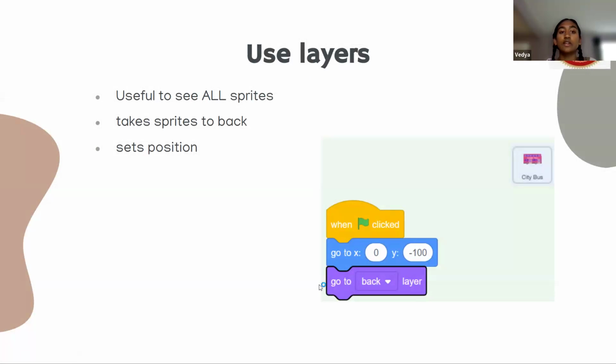So layers is for moving sprites or things to the back or to the front. In this screenshot over here, you'll see go to back layer means the sprite will move behind all the other sprites. And this will make sure that all the sprites in the front will be seen.